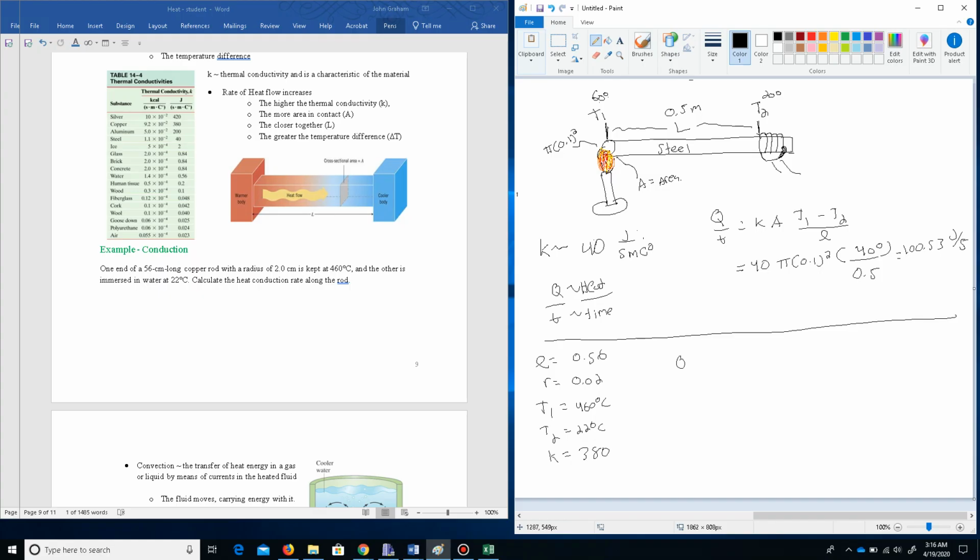So Q over T is 380 times pi times 0.02 squared times 460 minus 22 over 0.56.